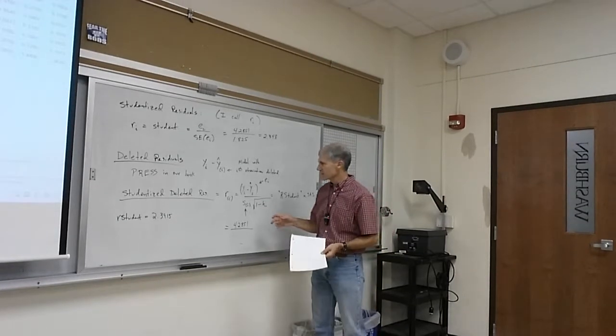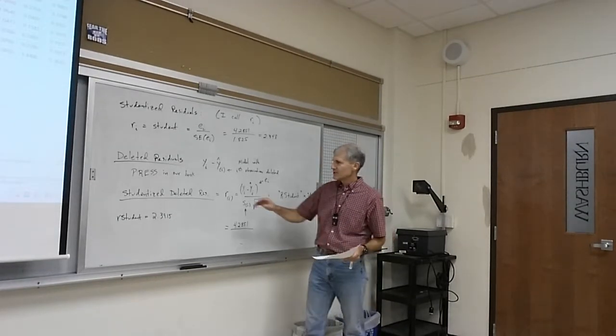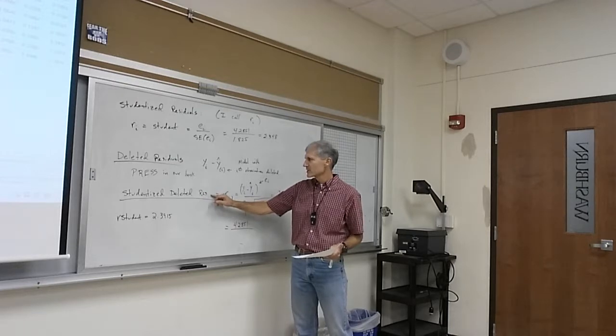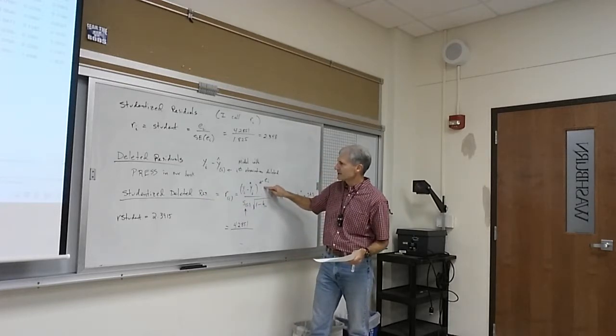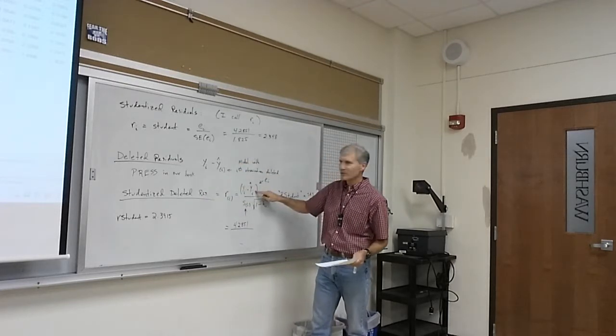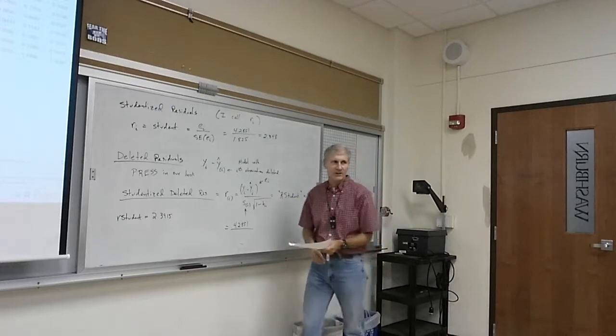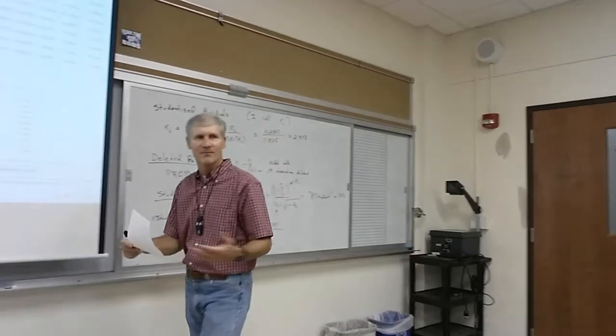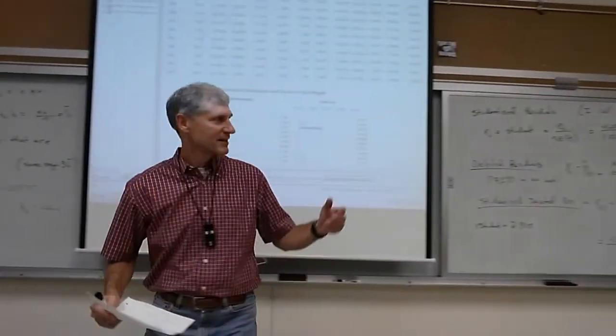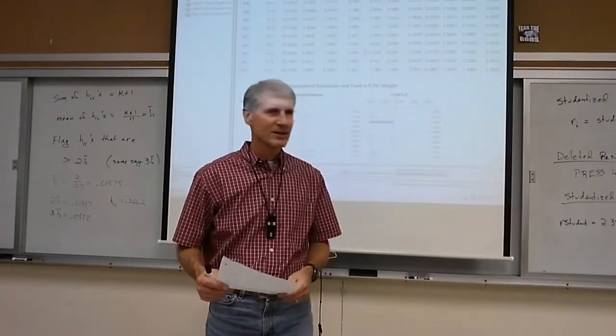And I find it interesting that the studentized deleted residual does not use the deleted residual up here. It uses the regular old residual. I've never understood why they do that, but this must have properties that are easier to deal with or something.